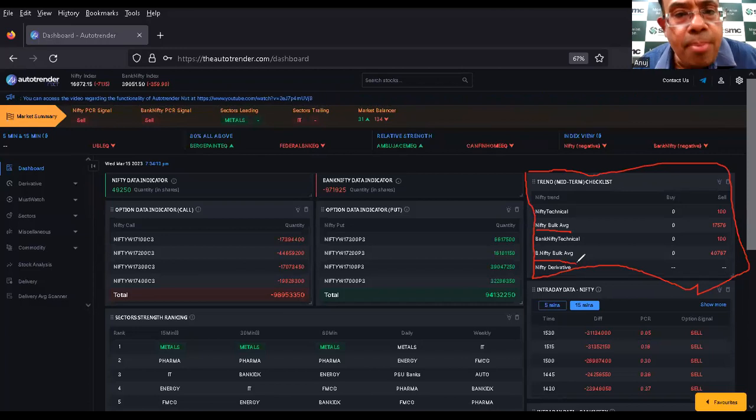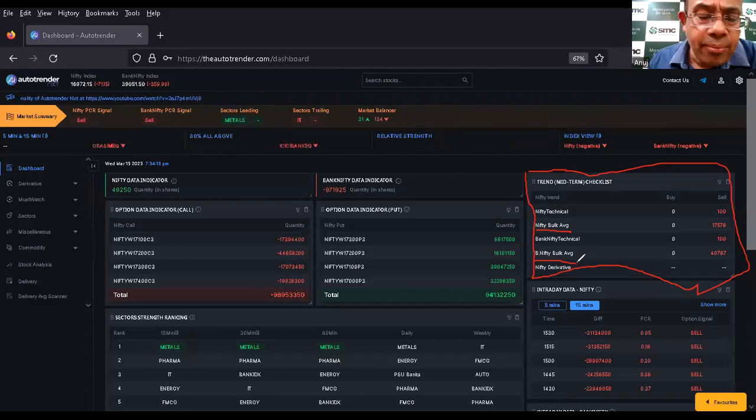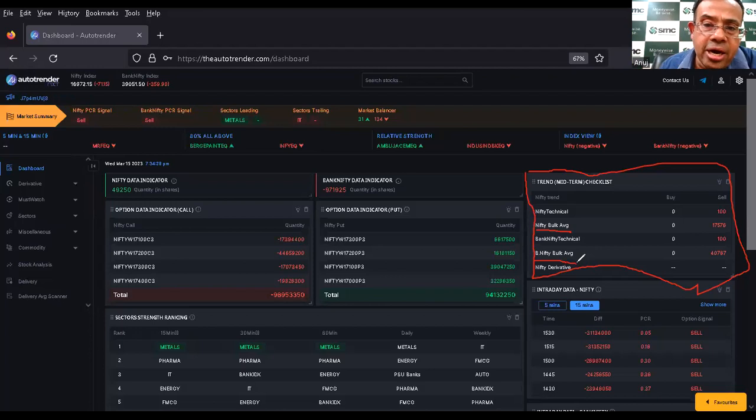Many times it may be possible that the market gaps up by 100 points and throughout the day it remains in a tight range on a positive side. Certain days it happens that it gaps up by 100 points, strengthens itself and goes up 150 or 200 points. So this is the present trend being continued.